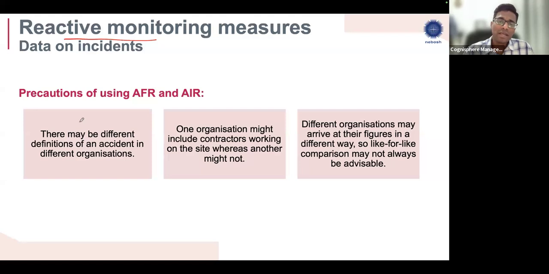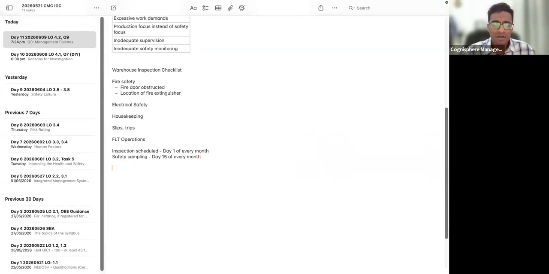Okay. You may have heard about accident frequency rate and accident incidence rate. Now, accident frequency rate. By looking at the phrase, we can say it tells you the frequency of accidents occurring in the organization.